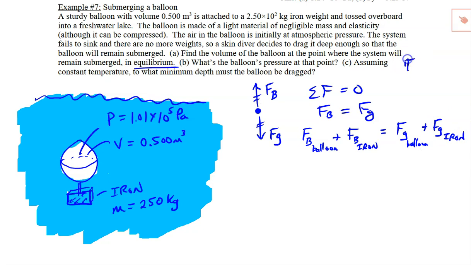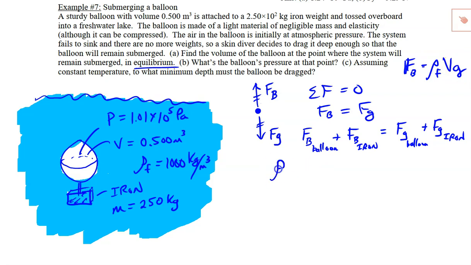And remember, from the unit on buoyancy we just finished, the buoyant force is equal to rho of the fluid, the density of the fluid, which is just lake water, 1,000 kilograms per meter cubed, times the volume that is displaced, which would be the volume of the sphere or the volume of the iron, multiplied by g. So let's replace those in here.